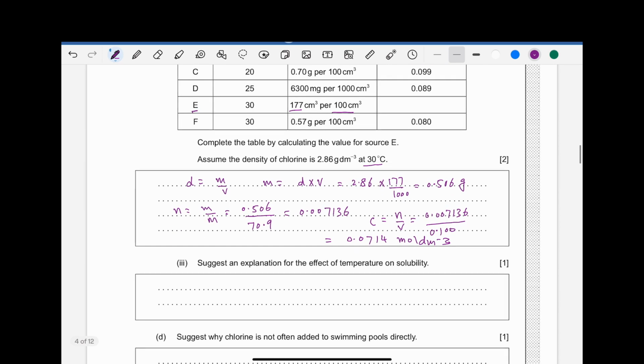So simple explanation: as temperature increases, solubility decreases. Explanation we need to give.